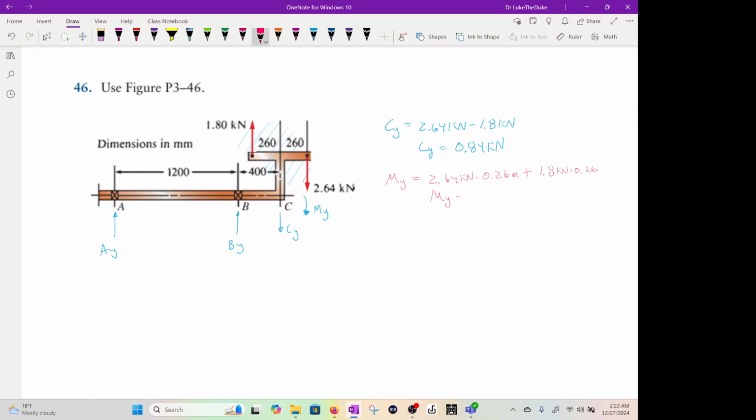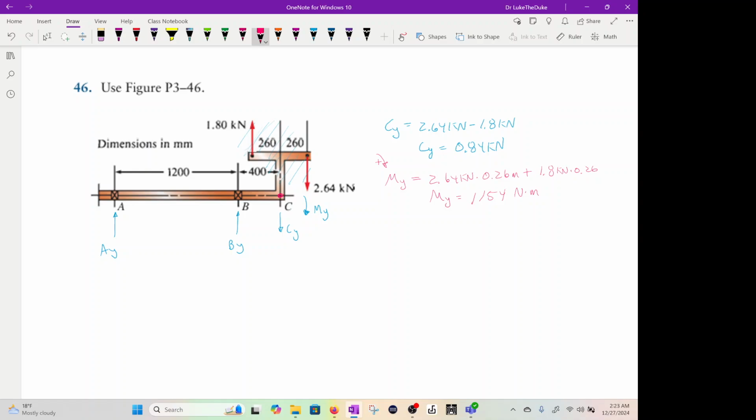So this now, and we're assuming this way is positive, is 1,154 newton meters. Okay? So we pretty much have now converted this to a CY and an MY.